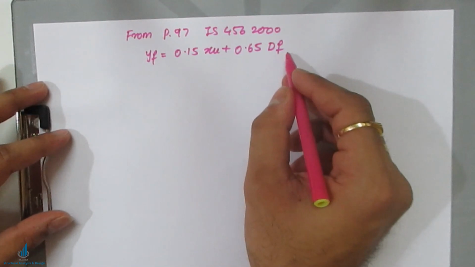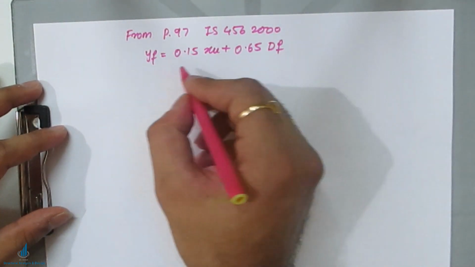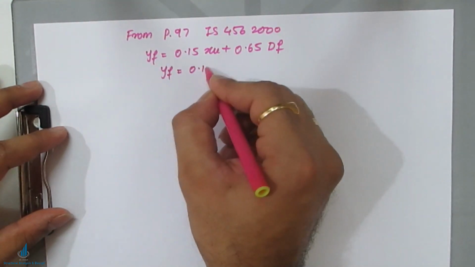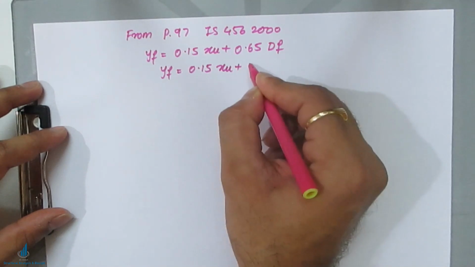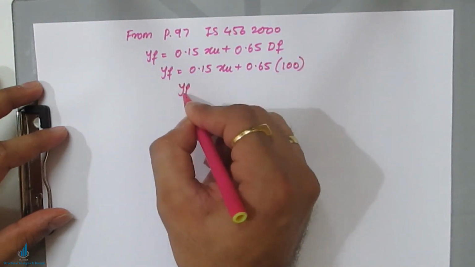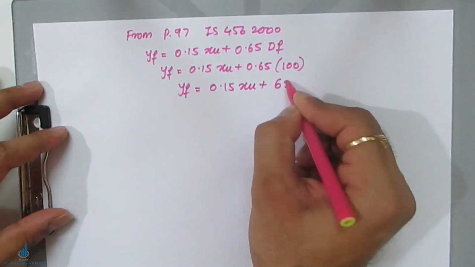Here Df is known and xu we are going to calculate. So just substitute Df and get yf in terms of xu. So yf will be 0.15 xu plus 0.65 into 100, so yf will be 0.15 xu plus 65.